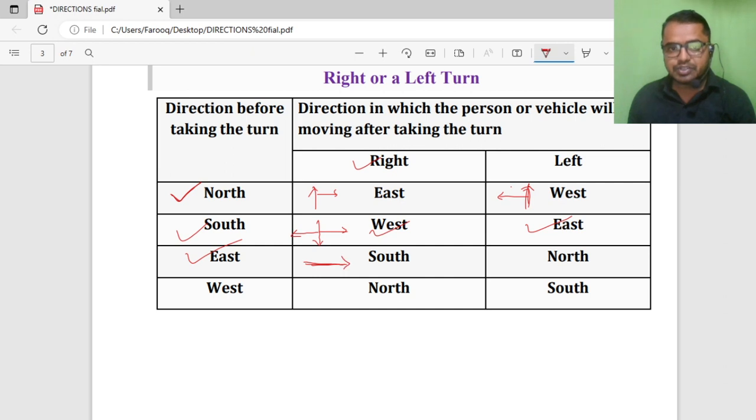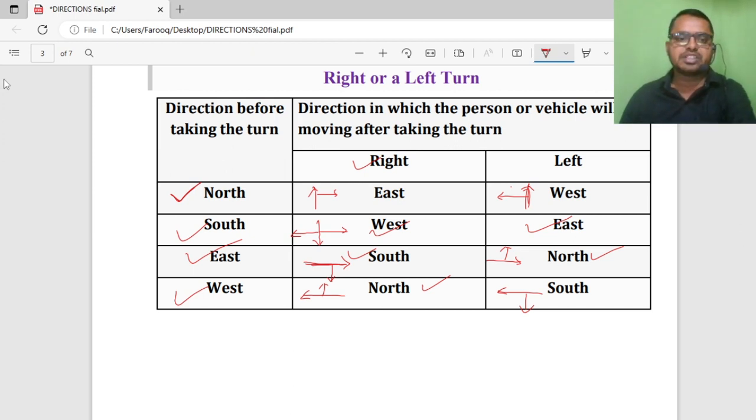If you take a right turn from the east, you will move to the south direction. If you take a left turn from the east, you will move to the north direction. From the west, in this direction, take a right turn means north direction. Take a left turn means south direction.